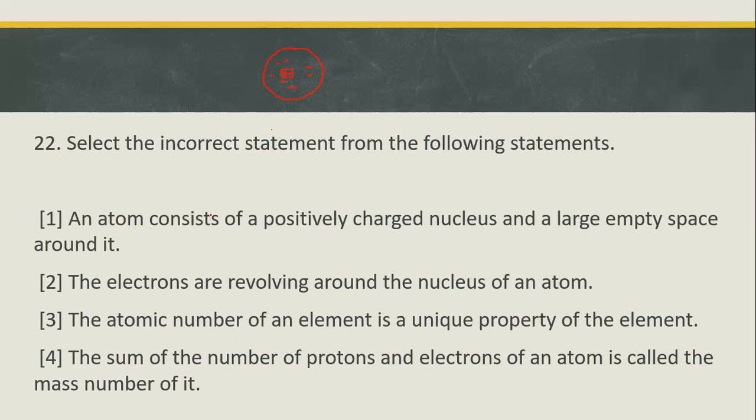An atom consists of a positively charged nucleus. So when protons are positively charged nucleus, so there is a positively charged nucleus and a large empty space around it. So this answer is correct.